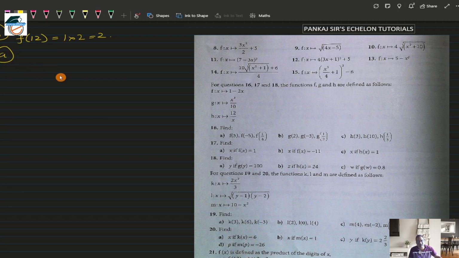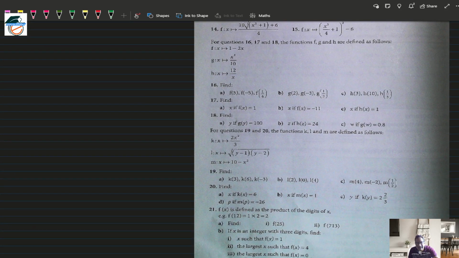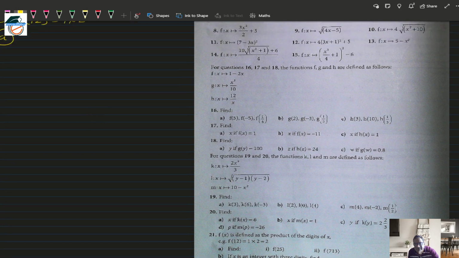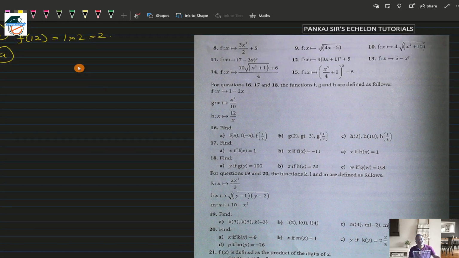You have to find f of 25 and f of 13, isn't it?